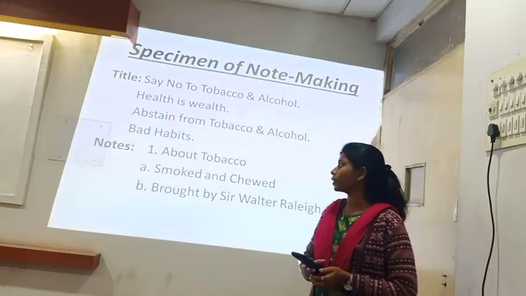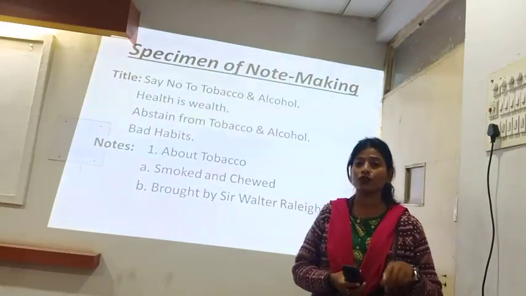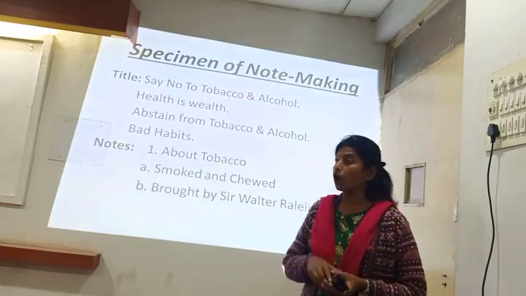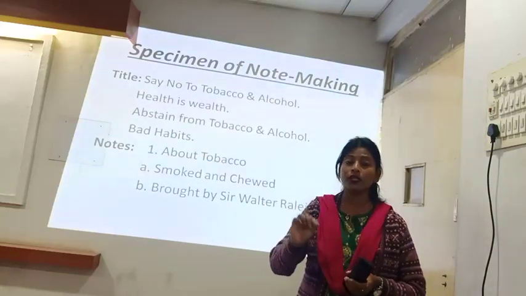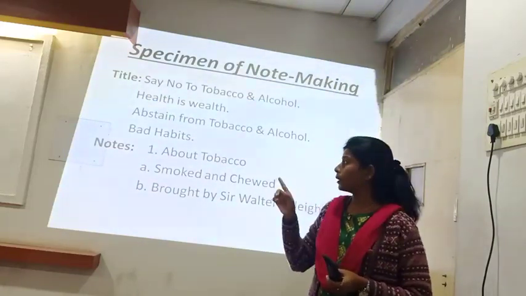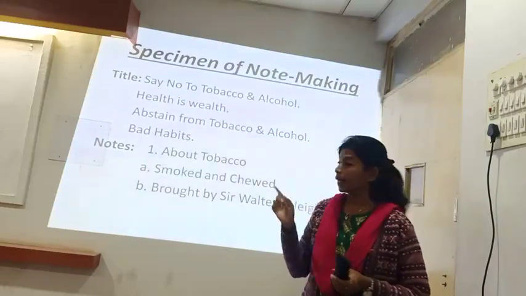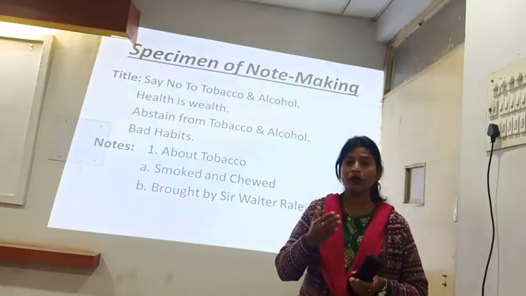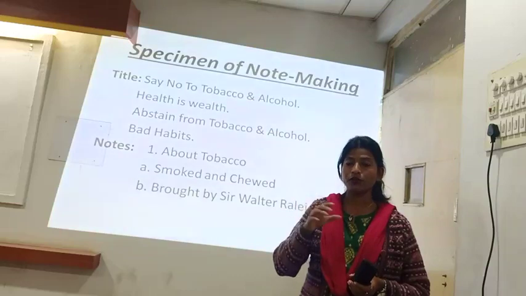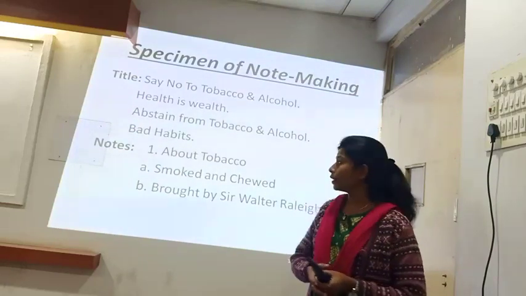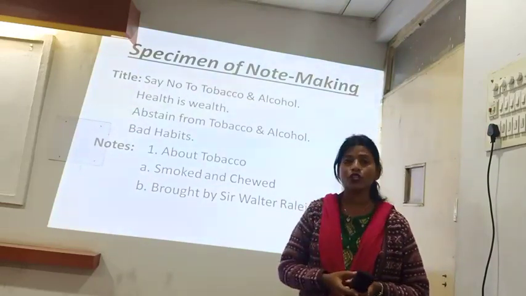Now I am giving the supporting points. 1 means your paragraph 1. A means I am supporting the main point of that paragraph 1. The main thing is: smoked and chewed.